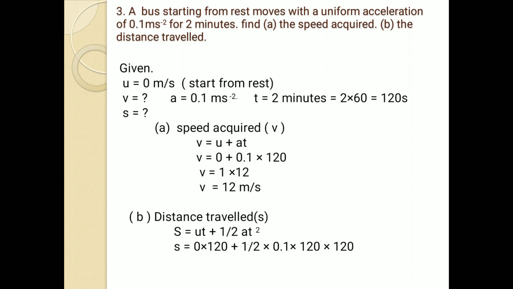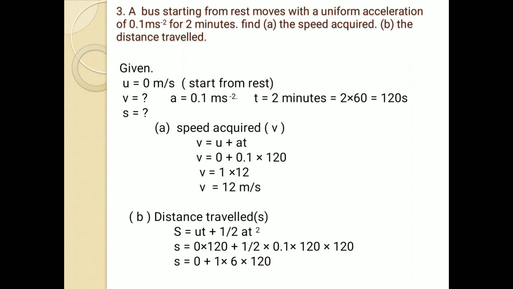2 times we can write, no. So now further if you simplify, 0 into 120 is 0 only. Now here 1 into 6 I have written. So how is it 1 into 6? The same as before in final velocity, 0.1 into 120. So 0.1 into 120 is how much?